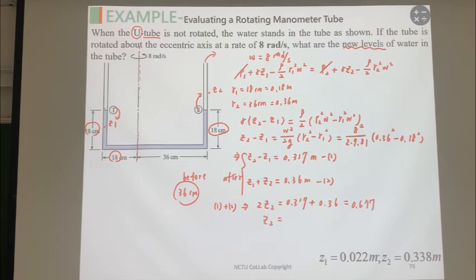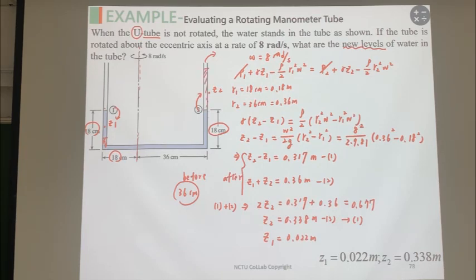So you know Z2 is 0.677 divided by 2, which is around 0.338 meters. Then you just put this number inside equation 1 or 2; you can pick whichever one you like. So finally, Z1 is equal to 0.022 meters.